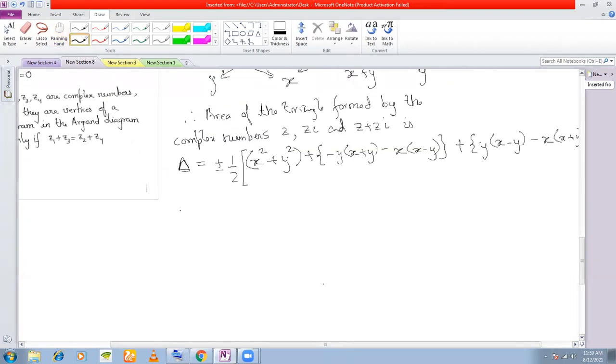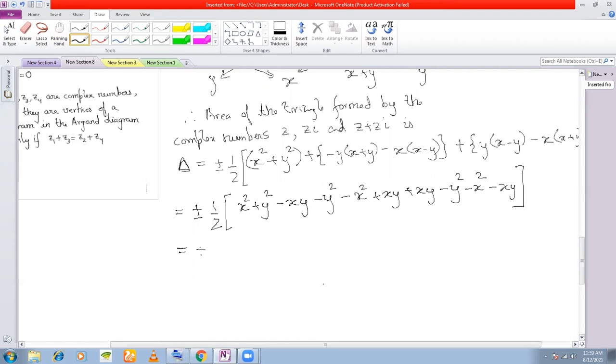Okay, now you simplify this. Plus or minus half of x square plus y square minus xy minus y square minus x square plus xy plus xy minus y square minus x square minus xy.